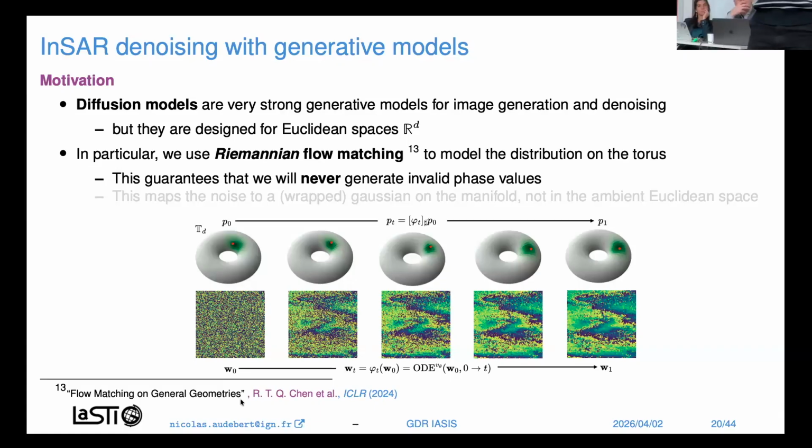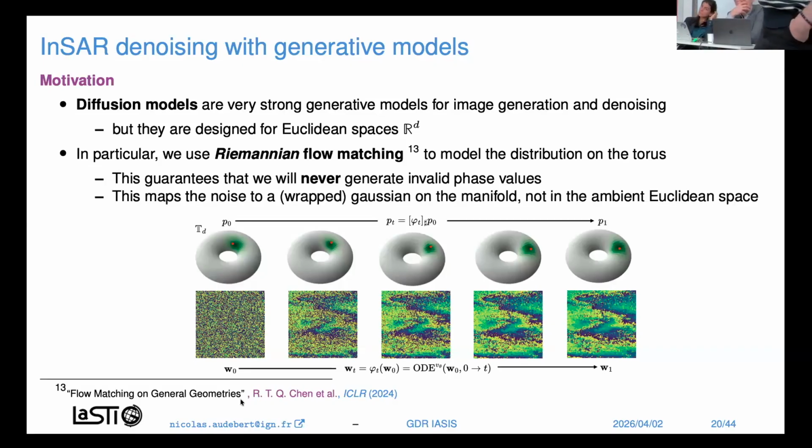This guarantees that we will never generate phase values that are invalid. And this allows us to actually map the noise to the wrapped Gaussian on the torus manifold, and not a Gaussian in the Euclidean space, which would be incorrect once again, because the noise is not Gaussian in the ambient Euclidean space, it's Gaussian on the manifold.